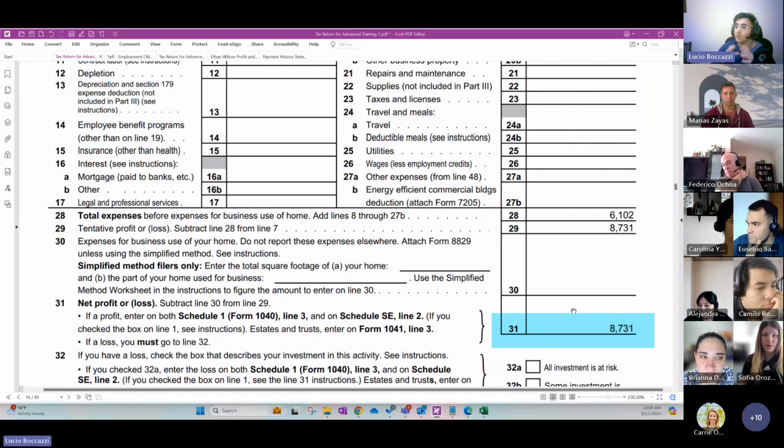So we need to grab that amount and annualize it so that we can project how much she would make in 12 months. Any guesses on what we would need to do to annualize that?